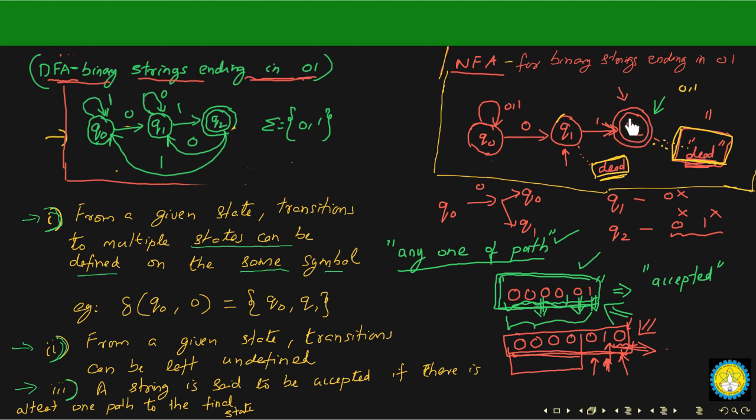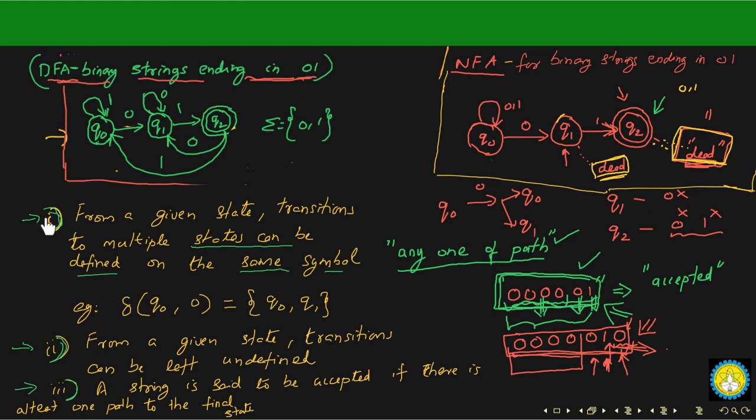Similarly, at Q2 you can see that none of the transitions are defined: there is no transition on 0, and no transition on 1 either. So it's quite valid to have transitions left undefined in an NFA, right?